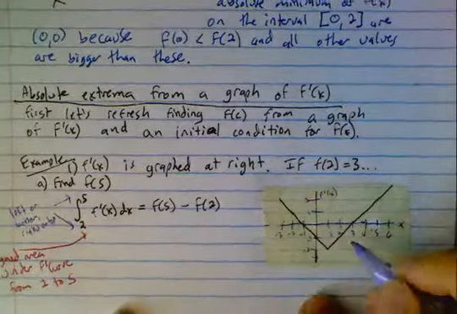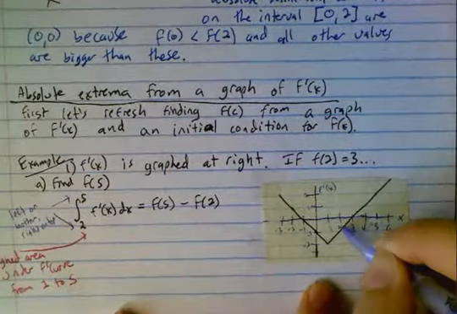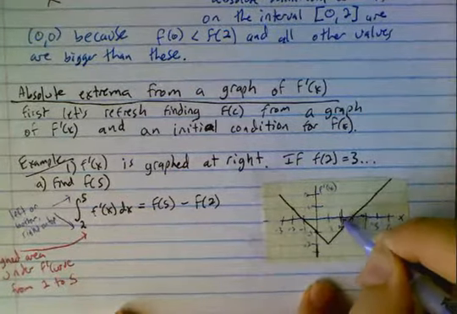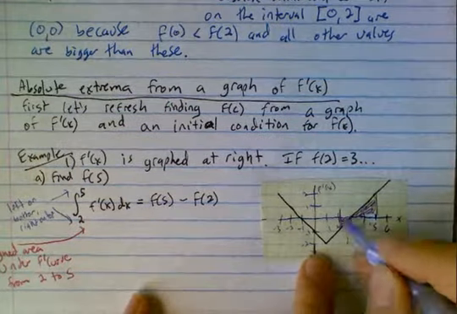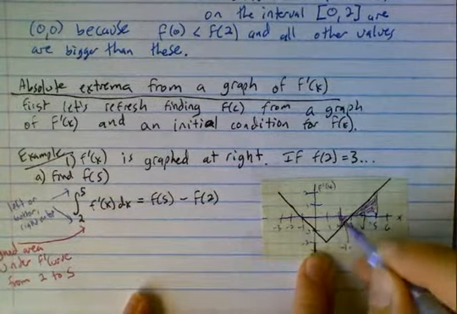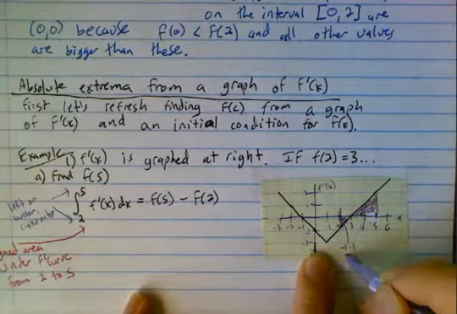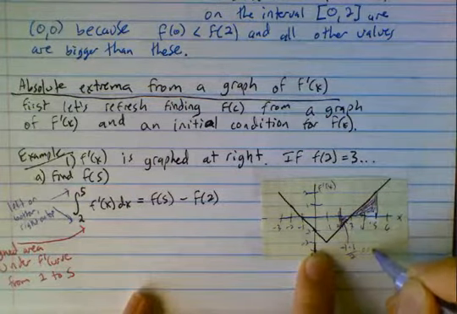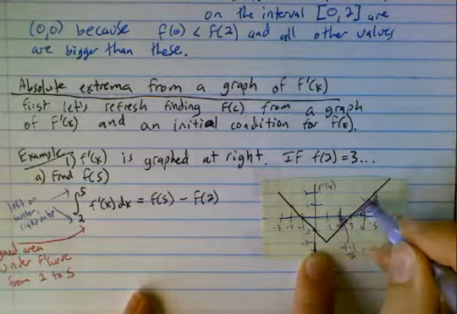So we can hop right over here and say, okay, from 2 to 5, what is this signed area right here? And this is a triangle, so it's negative 1 height times 1 over 2, or negative 0.5.